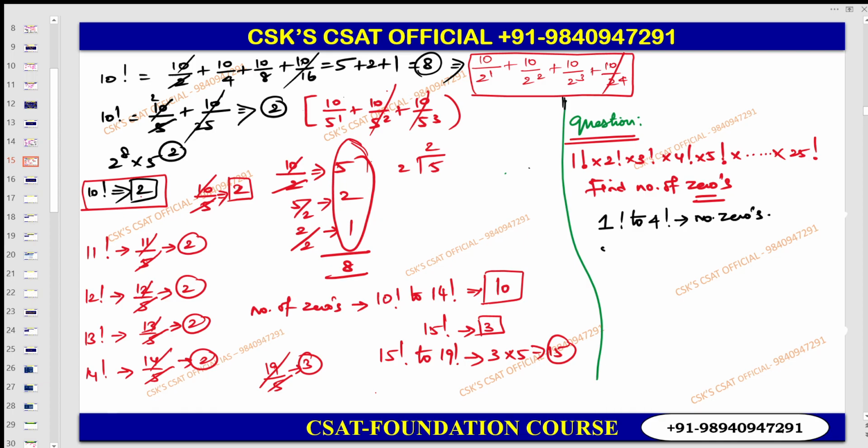Then 5 factorial to 9 factorial, 5 each. 10 factorial to 14 factorial, 10 each. Next, 15 factorial to 19 factorial, 15 each. 20 factorial to 24 factorial, 4 into 5, 20.